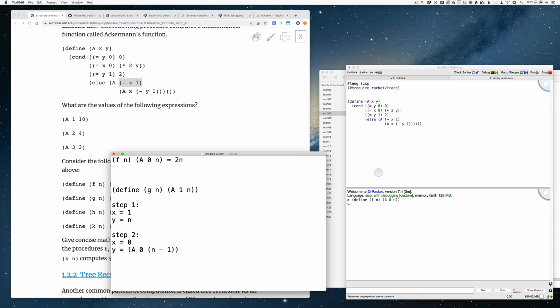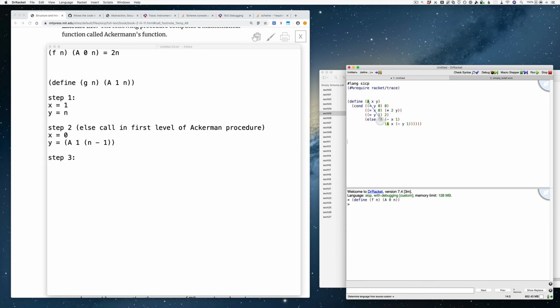Now, why this? Because, oh, I erred, actually. There we go. Because it says the Ackermann function of x, which here is still 1, and n minus 1.